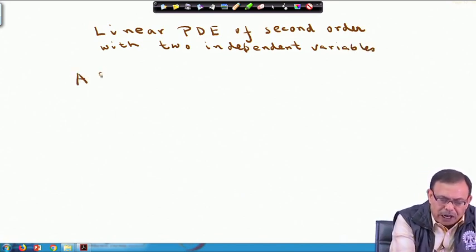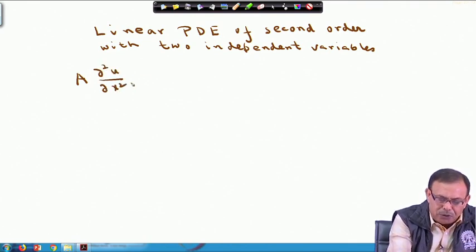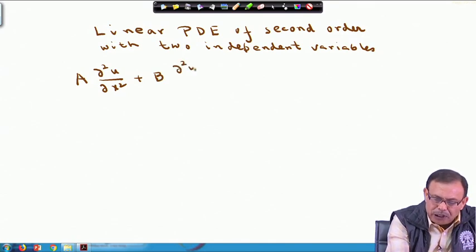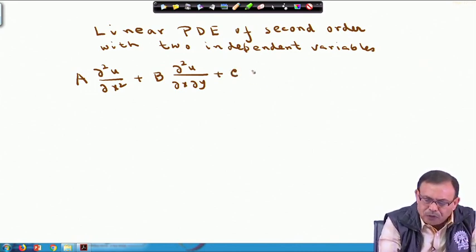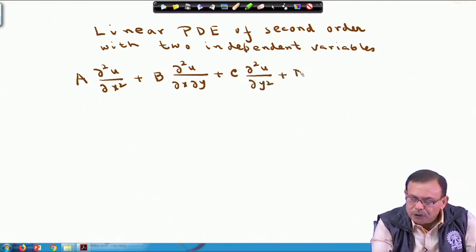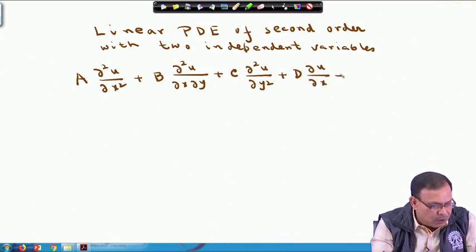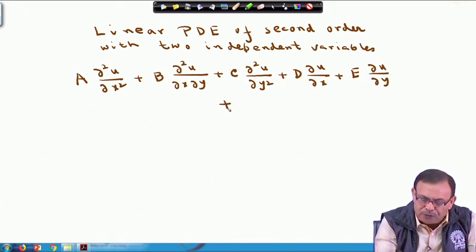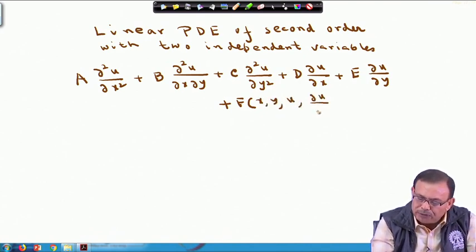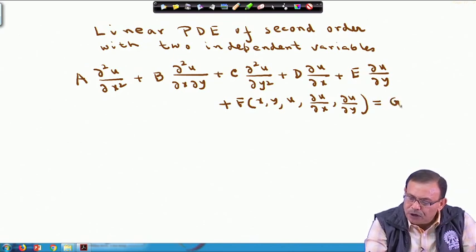In general form, we write it as a ∂²u/∂x² plus b ∂²u/∂x∂y plus c ∂²u/∂y² plus d ∂u/∂x plus e ∂u/∂y plus some function of x, y, u, ∂u/∂x, ∂u/∂y, equals g of x, y.